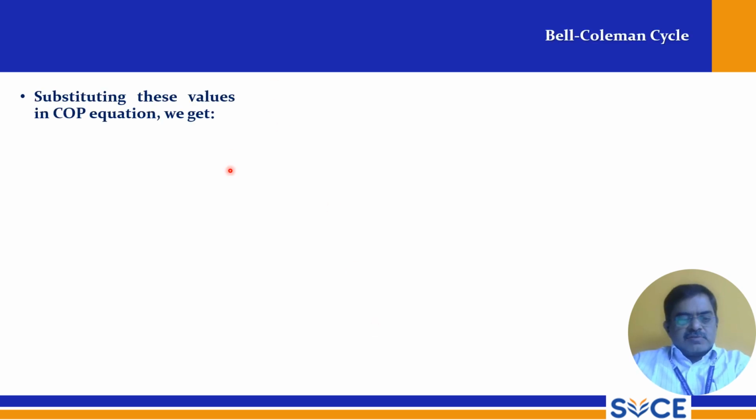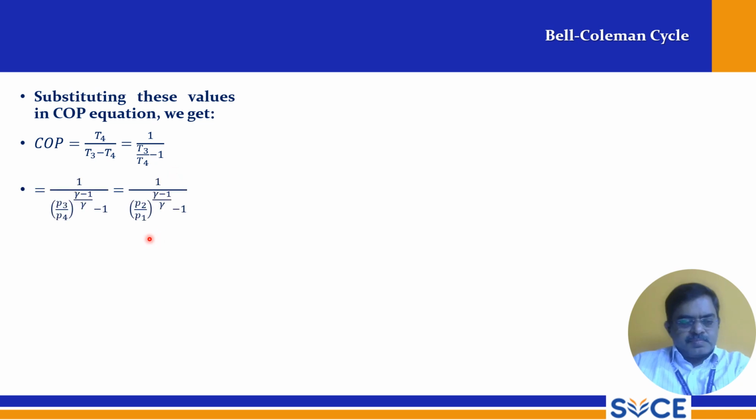Substituting these values in the COP equation, we get T4 divided by (T3 minus T4), times 1 by (T3 by T4 minus 1). In terms of gamma, we are substituting here in the denominator. So the final COP is 1 by (RP minus 1), in terms of RP.